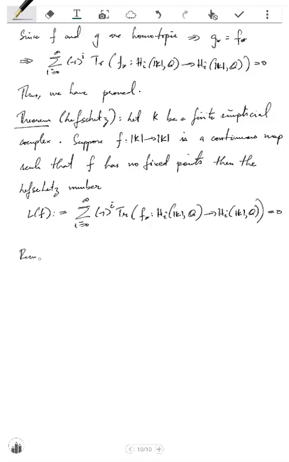So, remark, the above says that if the Lefschetz number is non-zero, then f has a fixed point.